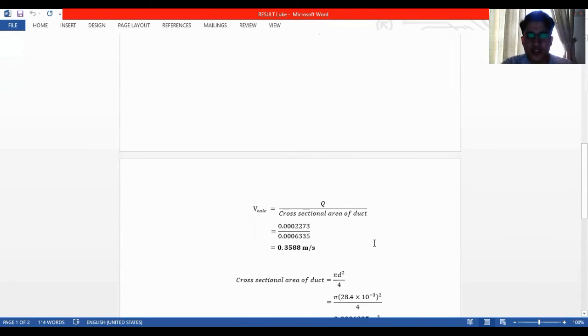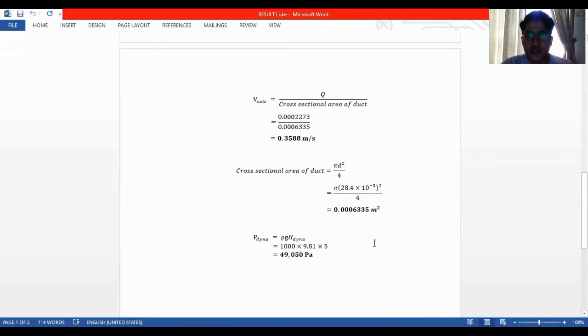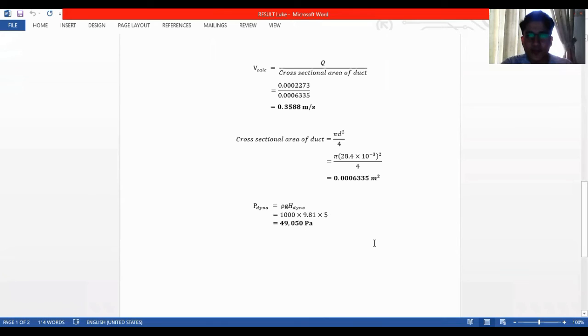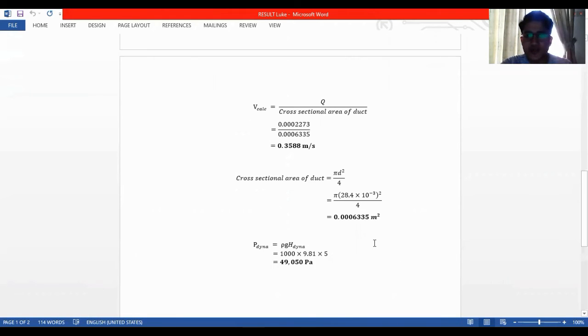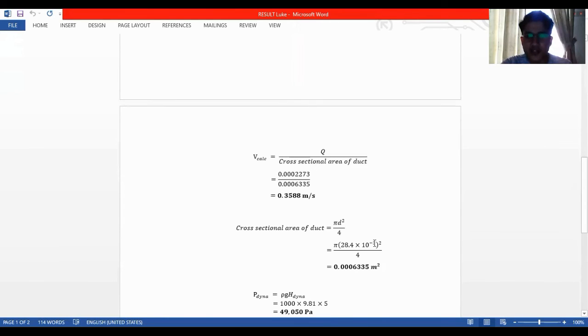And then we can calculate V calculated. V calculated is Q over the cross-sectional area of the duct. The cross-sectional area of the duct is pi d squared over 4. As we have 6 points, each point has a different cross-sectional area of the duct.